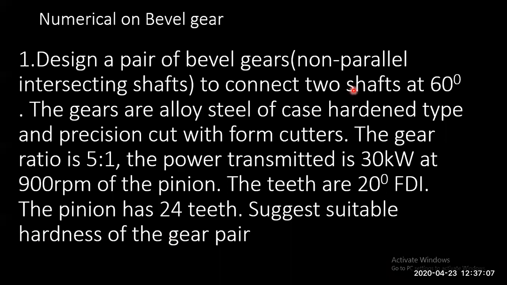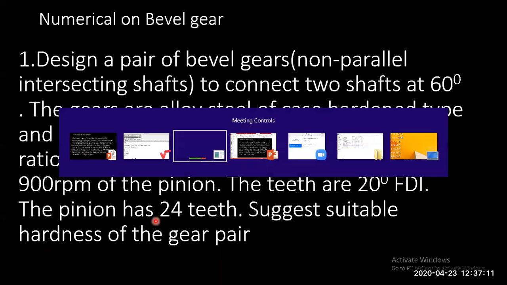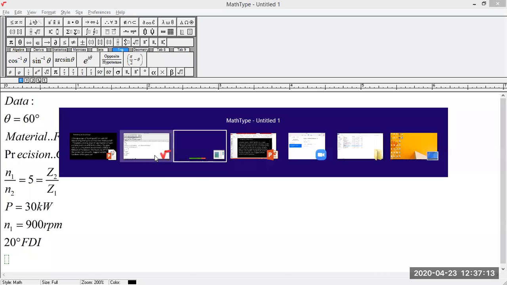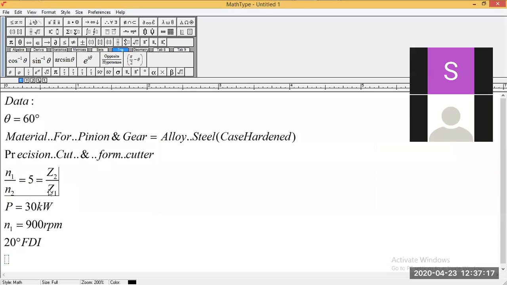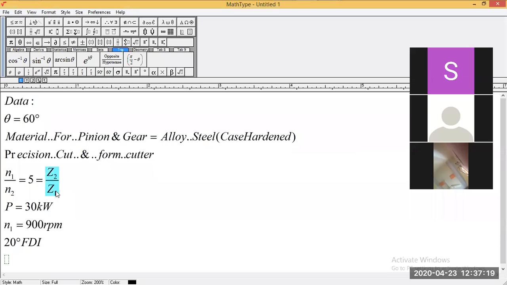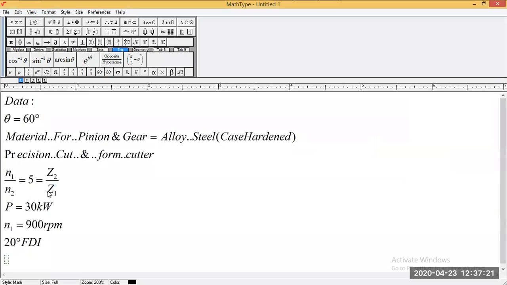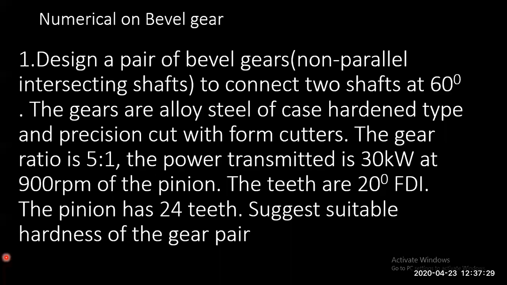Okay, then number of teeth on pinion is given. Number of teeth of pinion means it is Z1. Z1 is 24. So note here I'm noting down Z1 itself, I'm not writing it as ZE1.